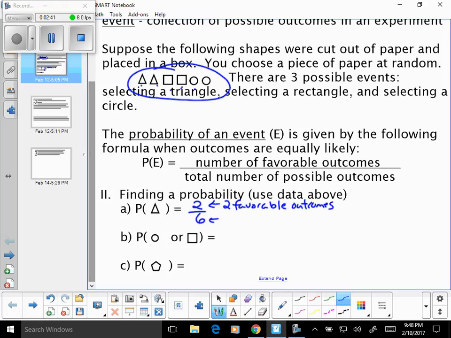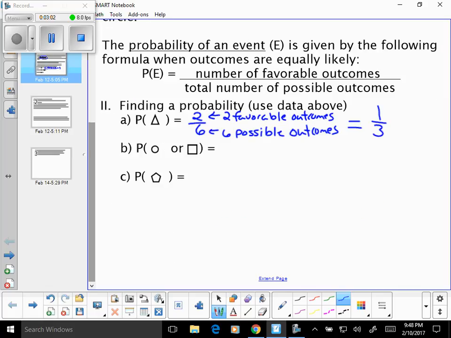And the 6 is our possible outcomes. And we really have 6 possible outcomes here. Now we are usually going to express this in lowest terms. We're going to get 1/3.